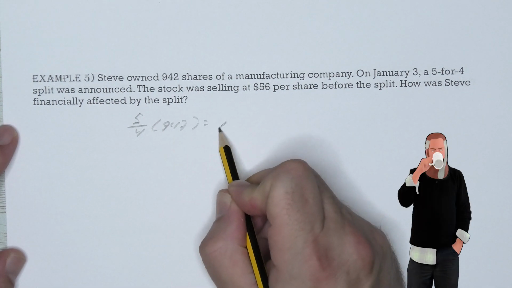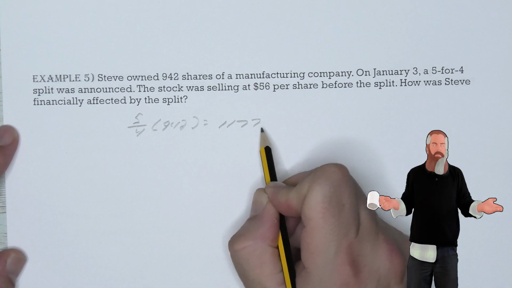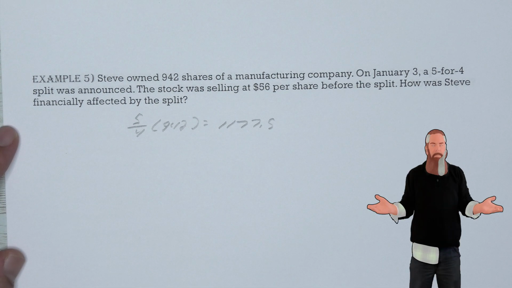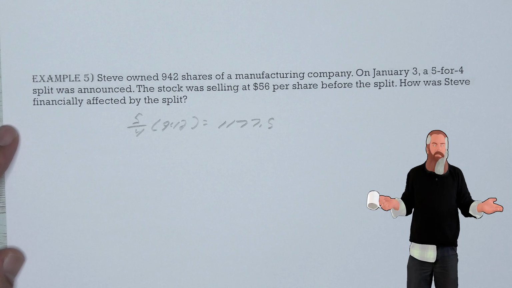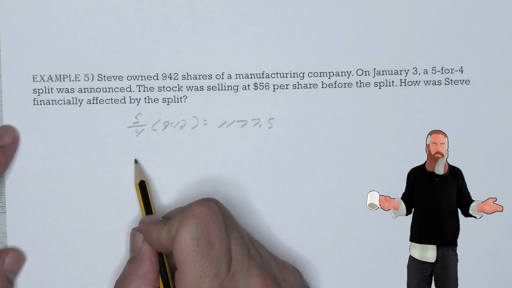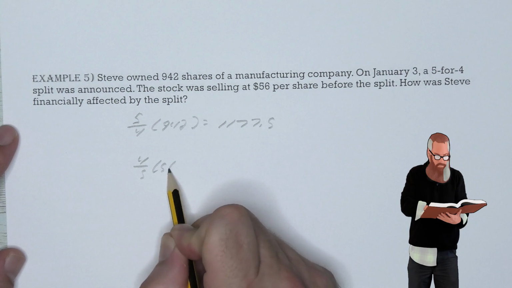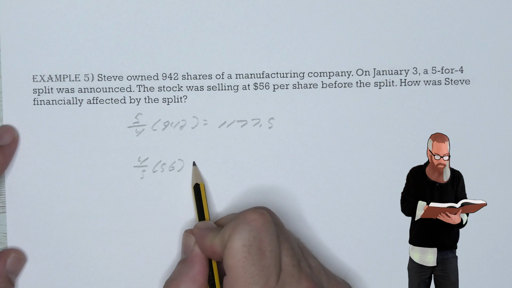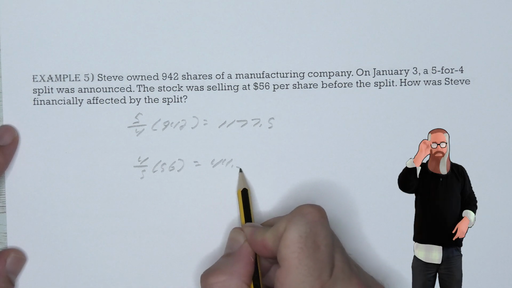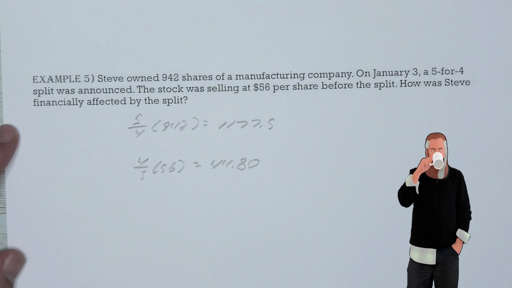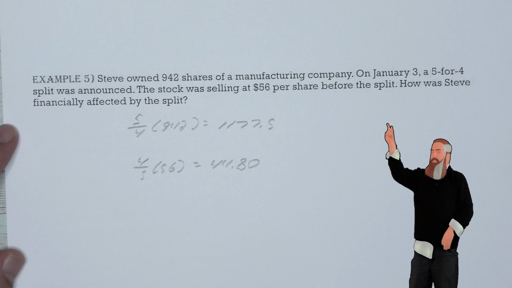942 to get 1,177.5. Now this is the post-split number of shares. For the post-split share price, we're going to do 4/5 times the $56 per share to get $44.80. So the fractional shares are not traded. The corporation paid him the market value of 0.5 share.